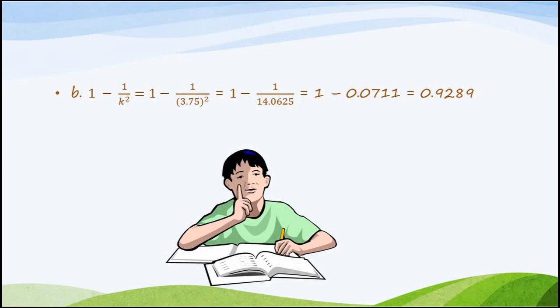And the answer is 0.9289. That would be 9,289 over 10,000.